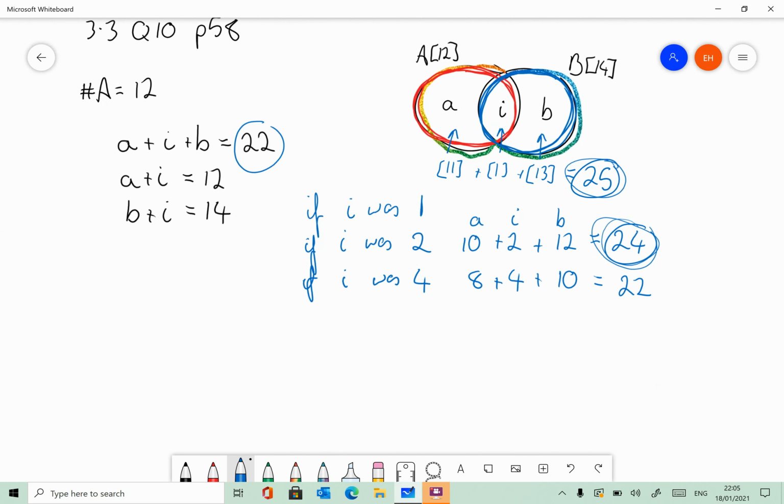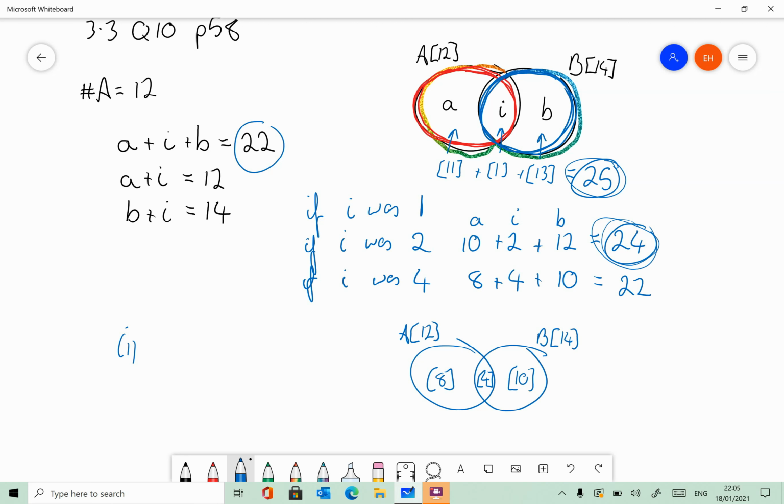Right, we then were asked some questions. Question 1. Sorry, so I should fill in my Venn diagram. So my Venn diagram looks like this. A, B, I was 4, A was 8, and B was 10, I think we said, yeah. And the size of that one is 12, and the size of this one is 14.